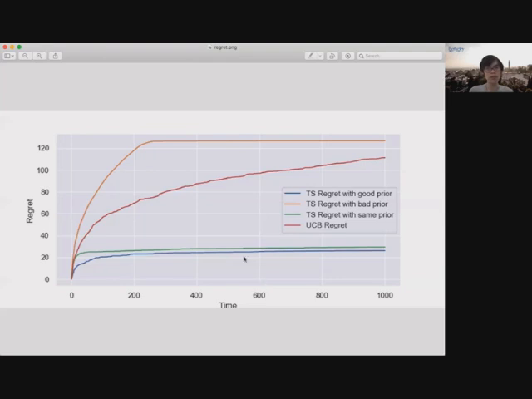Okay. One thing to note over here is that we're comparing all of these algorithms using the notion of regret. Regret is fundamentally a frequentist notion. So for regret, we assume some ground truth, so we assume some true reward distributions for each arm, and then we measure the quality of our decisions with respect to this ground truth.